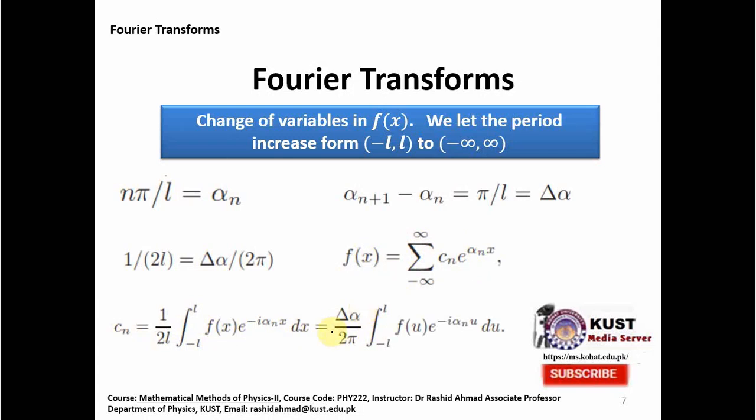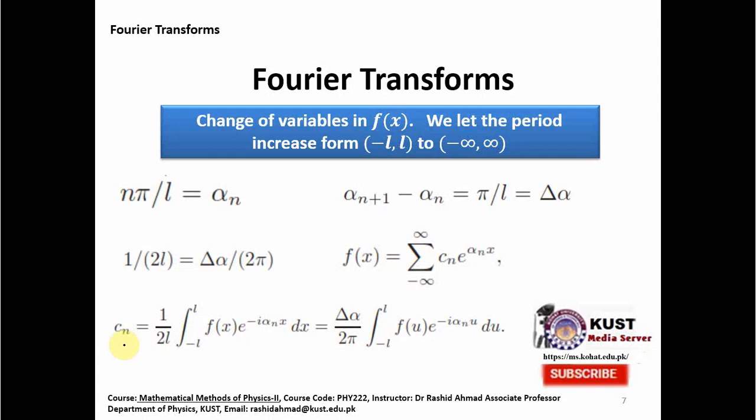If I now use these definitions and put them into the definition of Cn, you will see that this changes to something like this. One more change I have made is changing from x to u. This dummy variable of integration is changed from x to u to make the whole procedure more transparent.